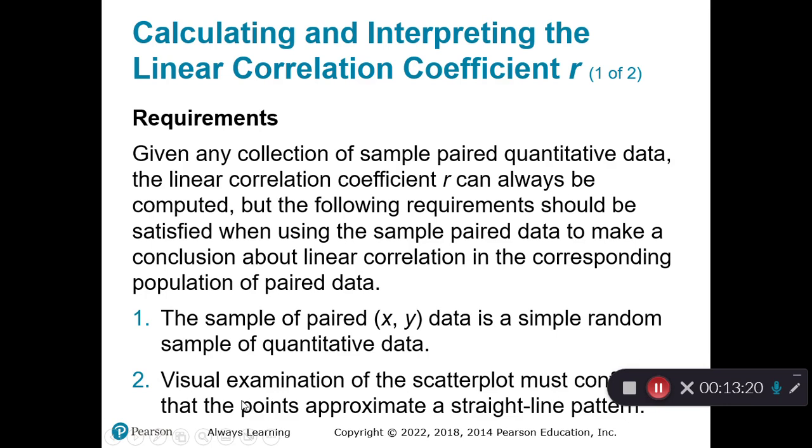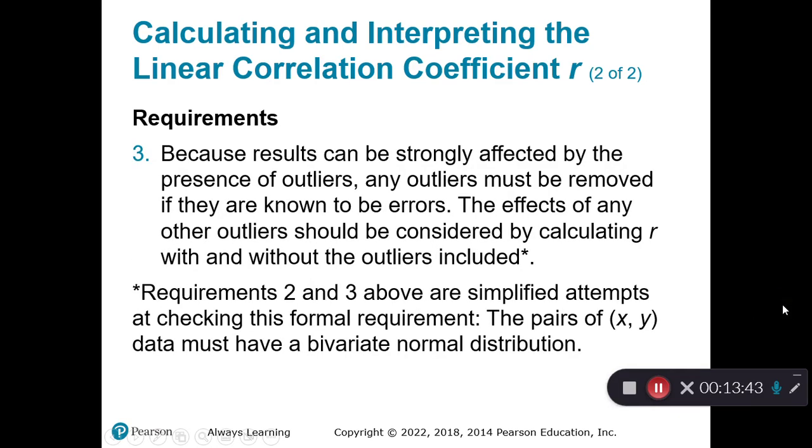Secondly, we want to make sure that if we were to look at the ordered pairs in the scatter plot, we believe that there is some sort of linear pattern. If we see a scatter plot that shows no linear trend whatsoever, calculating r will be rather pointless.